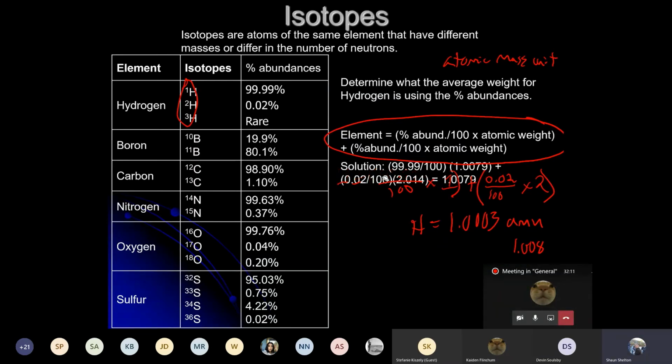Now right here, what I pulled up is the isotopic masses. So we have 99.9, so that's what we see from the percent abundance. Now, this number here is the actual atomic mass for that isotope. It's not rounded. And then the second one, that's the mass number for the second isotope.